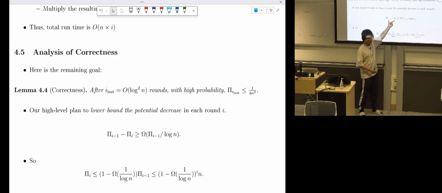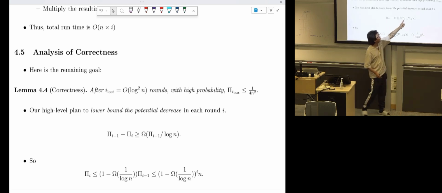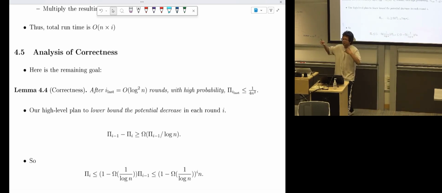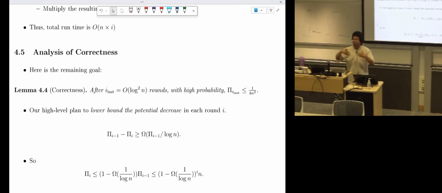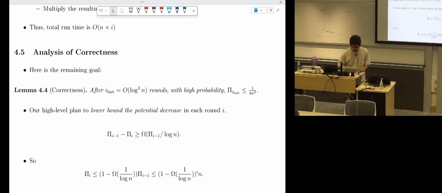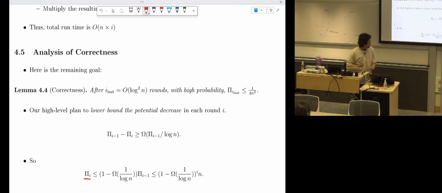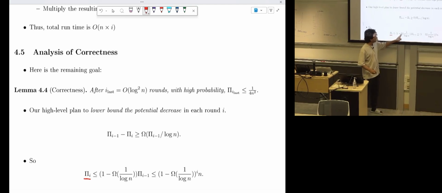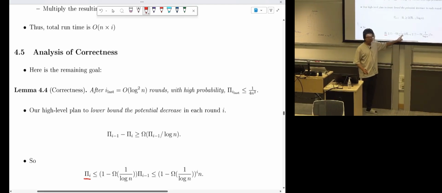This thing should be big. How big? It should be proportional to the previous potential over log n. So in each iteration, you reduce the potential by a 1 over log factor. This just means that the new potential is going to be at most 1 minus 1 over log times the old potential.